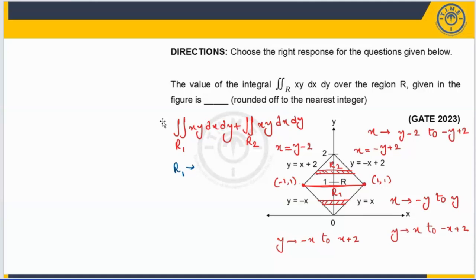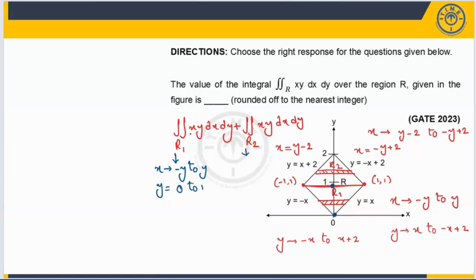What is the horizontal strip for R1? Negative y to positive y. That means this is x. So for R1, x is varying from negative y to positive y. And y is varying from where? I have to check from here. It is varying from 0 to 1.